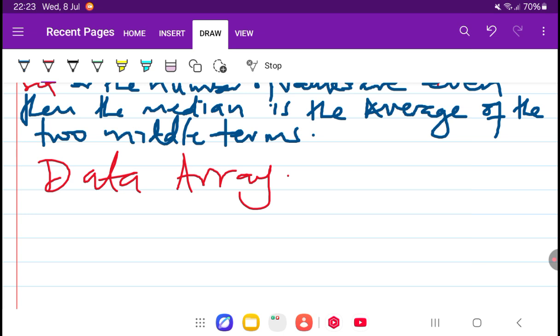And of course, the median either will be a specific value that is in the data set, or that value can fall between two data values. So if the data set is odd, the median is going to be that middle data entry.